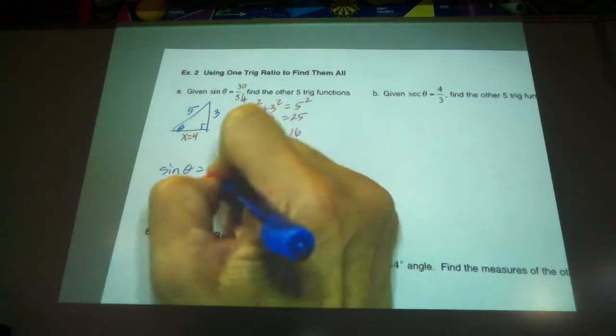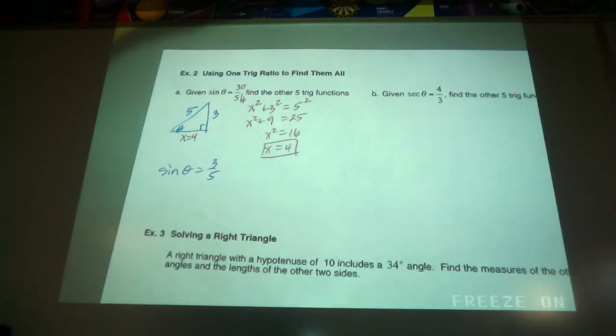So just like that one looks like up there. So the hard part about these is finding that missing side.